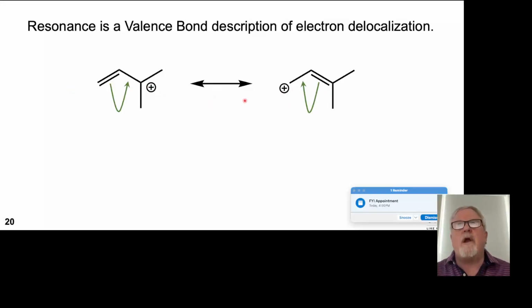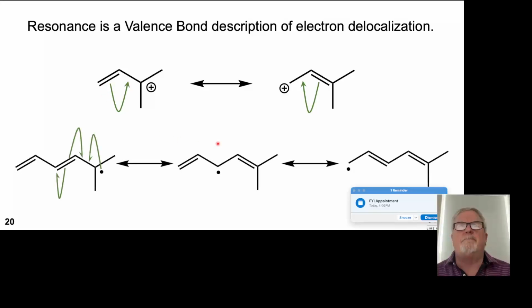Remember, this is not a primary carbocation, nor is it a secondary carbocation. We call this an allyl carbocation because it's delocalized. The charge is both here and here, close to 50%. We can also delocalize radicals. Notice now we're using the fishhook type of arrows because we're moving one electron at a time as opposed to moving a pair of electrons here.